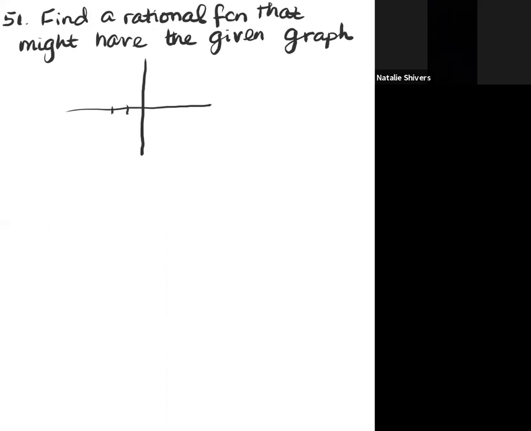1, 2, 3. 1, 2, 3, 4. I'm going to draw the asymptotes in. These colors are super helpful. I think they're helping a lot more than I realized.